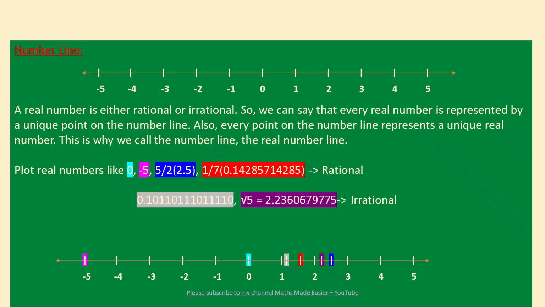You can even identify the irrational numbers also. So this number line perfectly indicates that it can contain the rational numbers and irrational numbers.